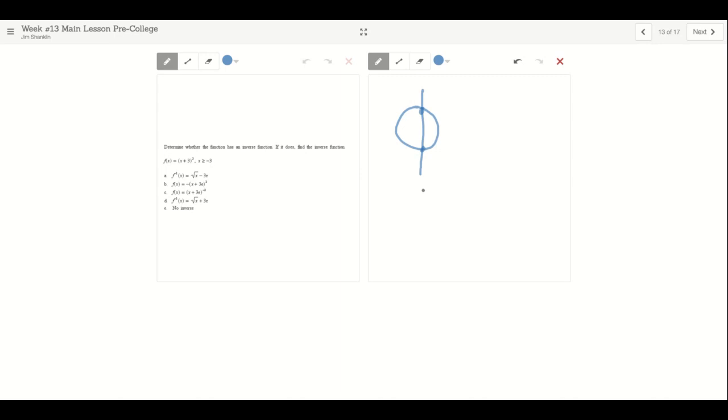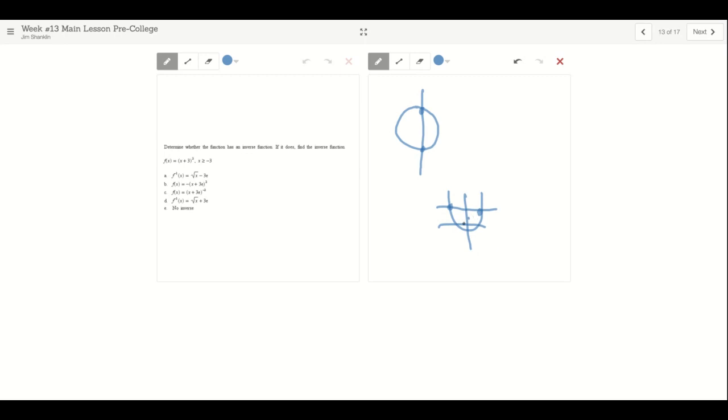There's also the horizontal line test. If you graph out (x + 3) squared, which looks like this, and a horizontal line touches it in more than one place, then it does not have an inverse function.